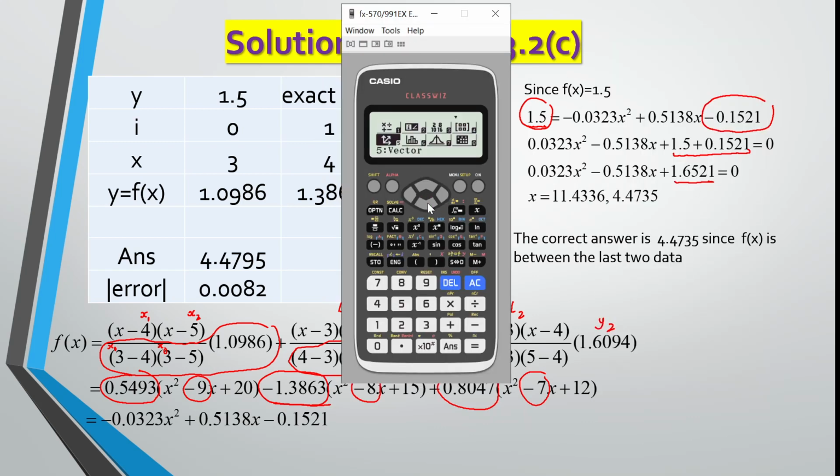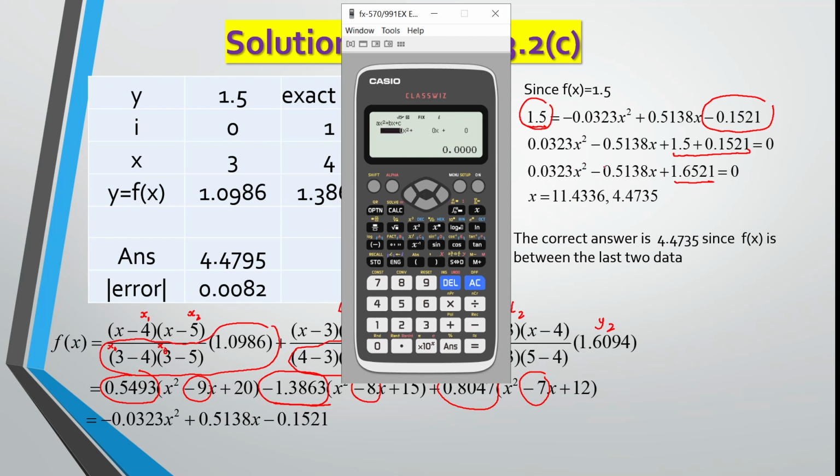If you have the calculator, just find the equation mode there. You're solving the polynomial, so on my calculator here it is number 2. Degree, this one is the latest model, so you can solve up to degree 4. This is quadratic, so it's degree 2.